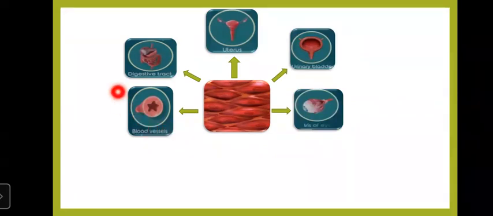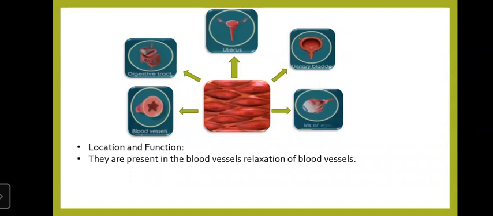So these are the organs in our body in which we can find smooth muscles. Remember, smooth muscles are found in blood vessels, digestive tract, uterus, urinary bladder, and the iris of eyes. Function of the smooth muscles is it helps in movement of all these organs.